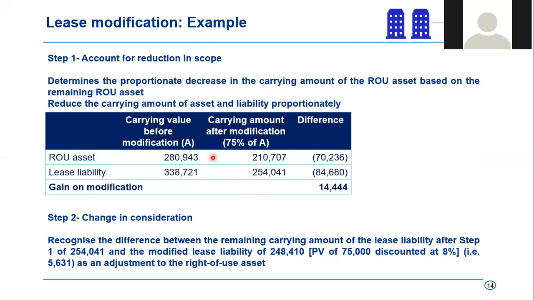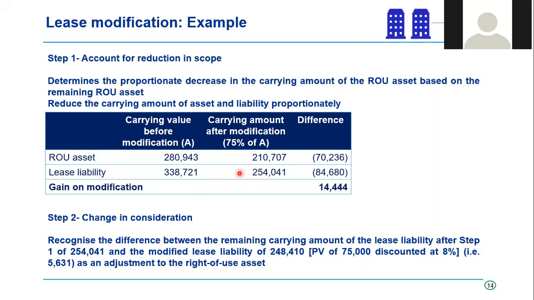So if one had to take 75% of the ROU, it should be reflected in the books at 2,10,000. Similarly, the liability would also correspondingly become 75% of the liability before the modification. So 75% of 3,38,000 is 2,54,000.